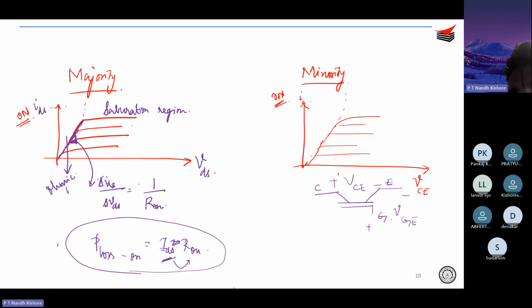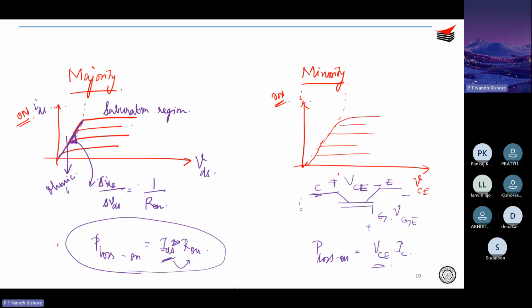Irrespective of the voltage of operation, or irrespective of the power, or the current level IC over here, there will be a fixed drop that occurs across the BJT or across IGBTs, which means that your loss over here, when it is completely turned on, is going to be VCE times IC.